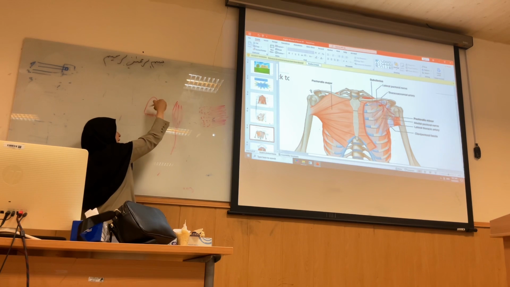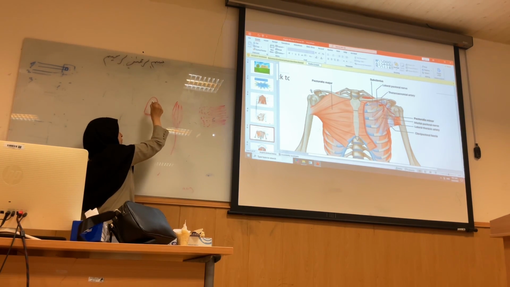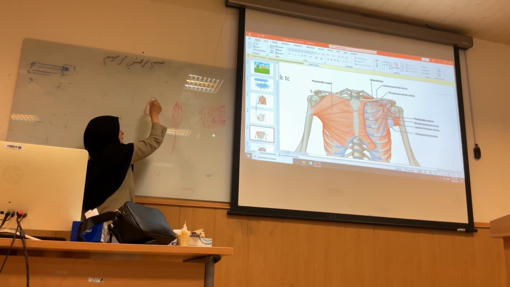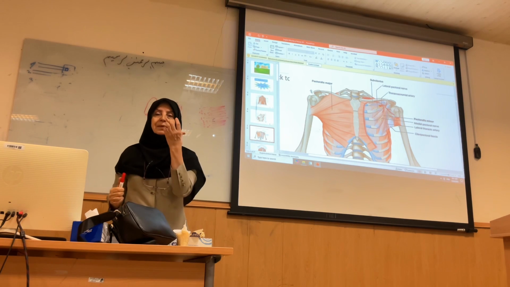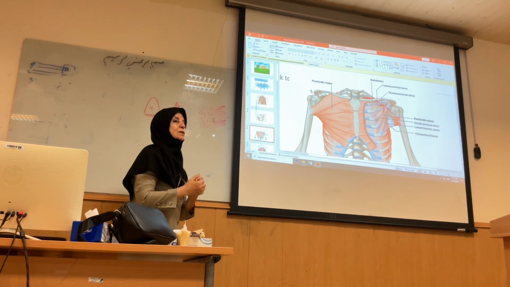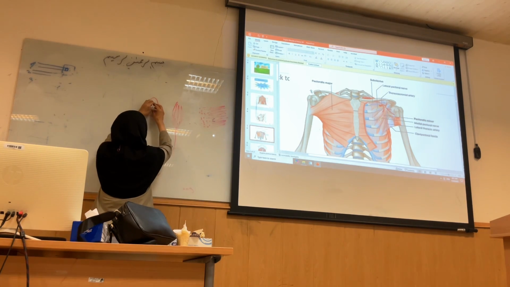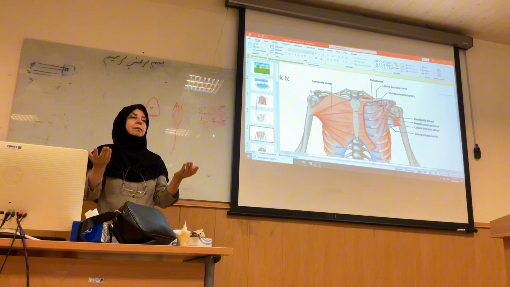What is the content of the axillary fossa? You have artery, vein, nerve, lymphatic nodes. Now, the nerves make a plexus. The name of this plexus that we find inside the axillary fossa is the brachial plexus.